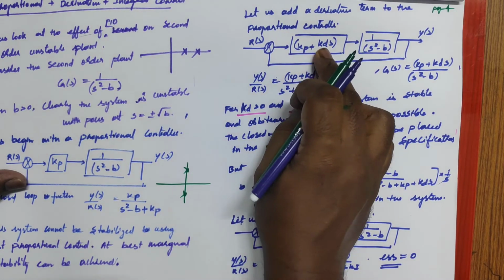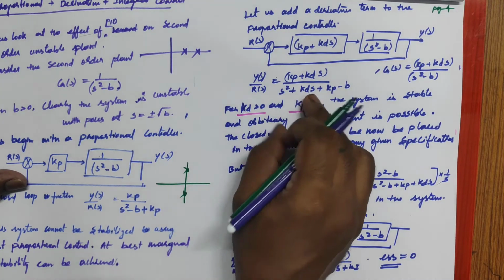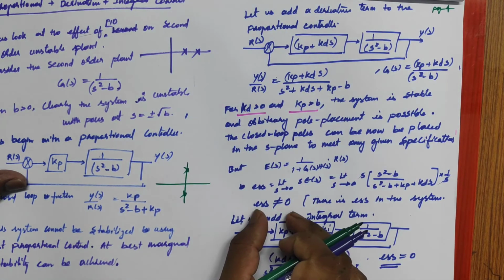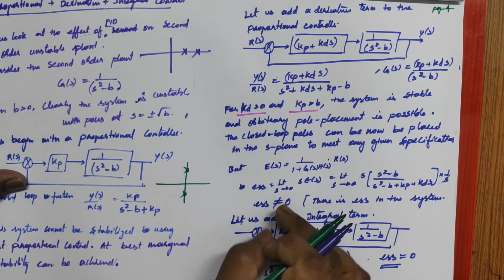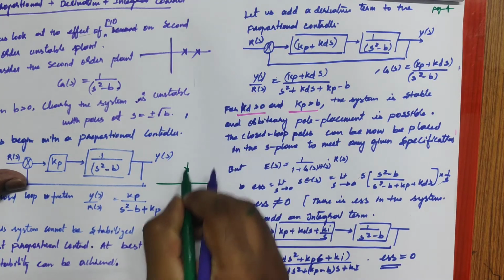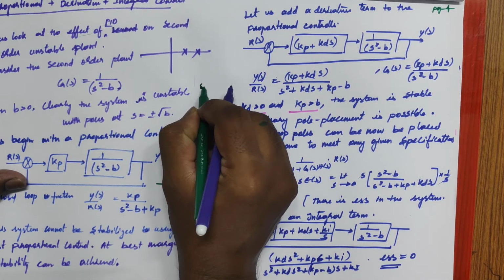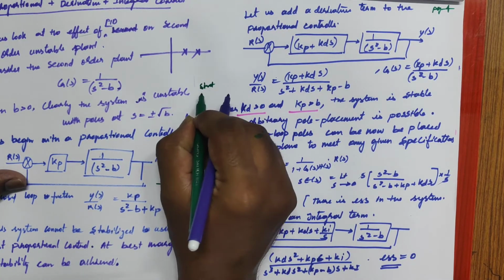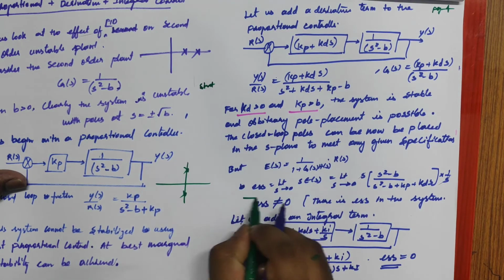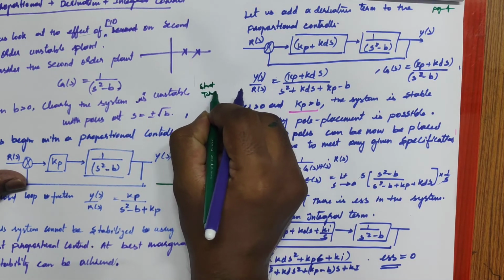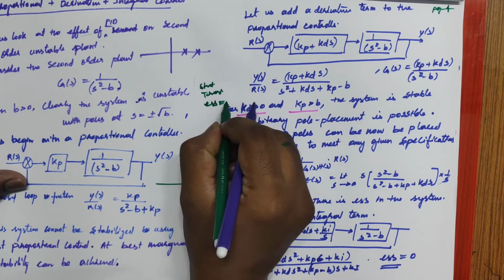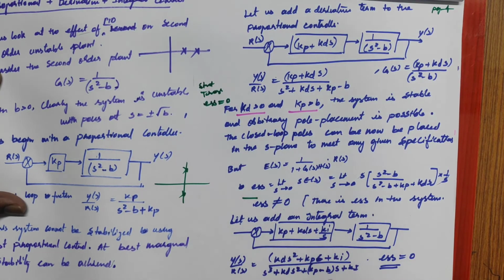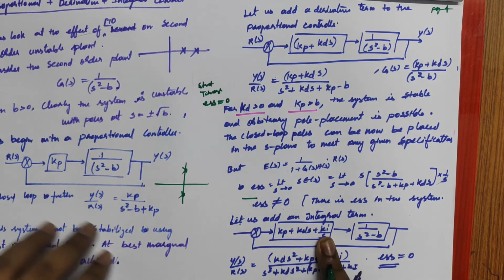If you add derivative for the oscillations, I am improving the transients, but I cannot make the steady state error equal to 0. Up to here the stability is achieved marginally and the transient response is achieved, but the steady state error should be handled by adding something else, that is the integral controller also.